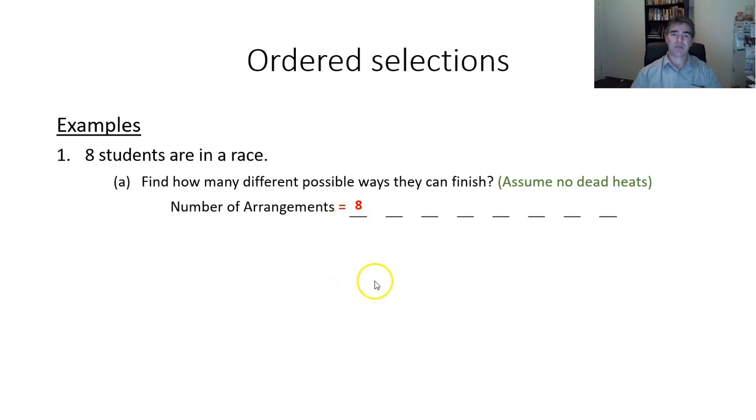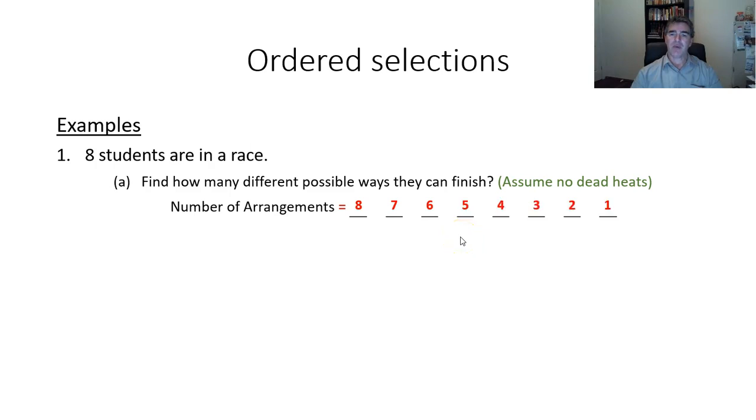Once someone has come first, to fill second spot there are only 7 more runners. The person who came first can't come second as well. Now that we've got our first and second positions filled, we have 6 more runners that can fill the third position.